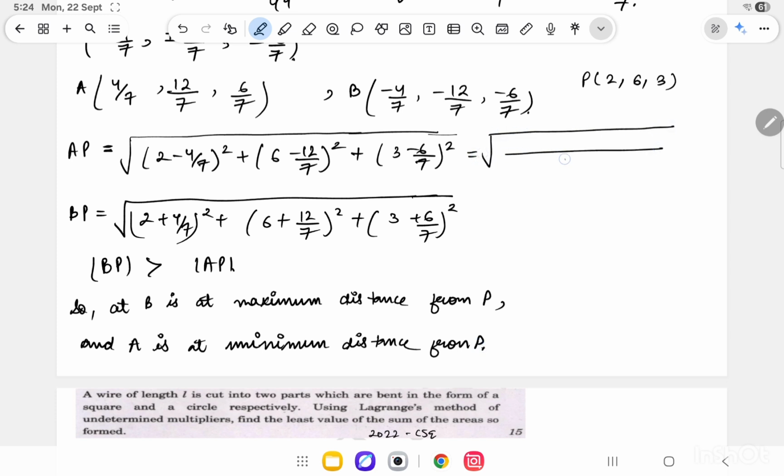So what we'll get is 7 square, 14 minus 4, 10 square, plus 42 minus 12, 30 square, plus 21 minus 6, that is 15 square.